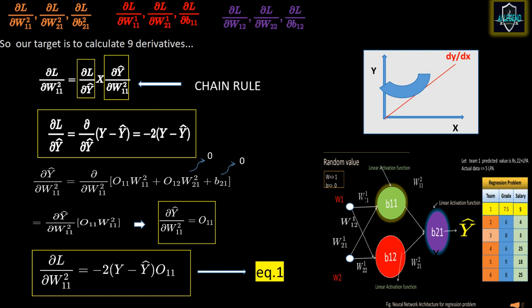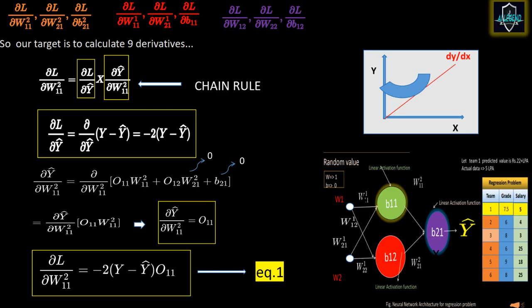This differentiation is very easy as W211 appears in only one term, that is O11 multiplied by W211. The other terms will be 0. So what we are getting here, del over del W211 of O11 W211, the resultant will be O11, as W211 differentiates to 1.